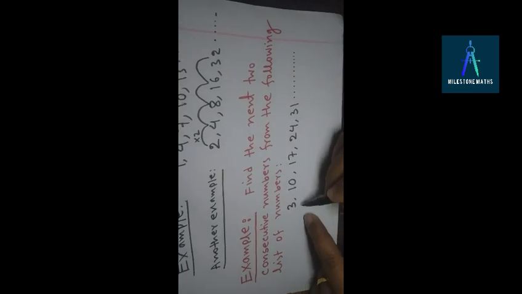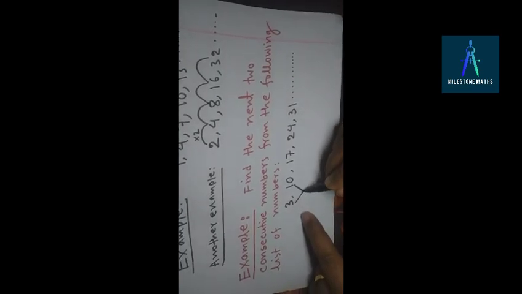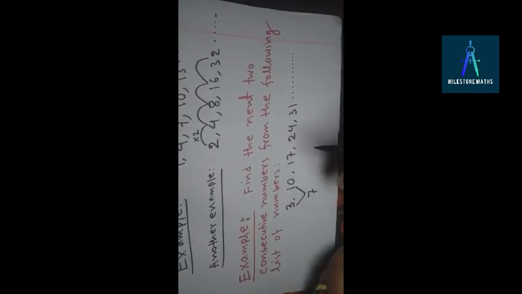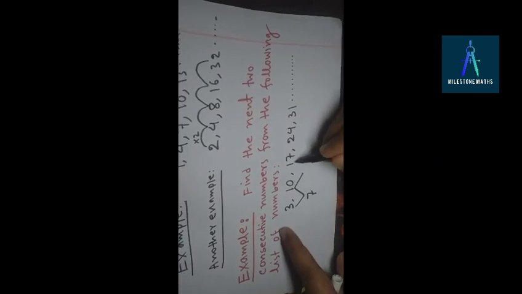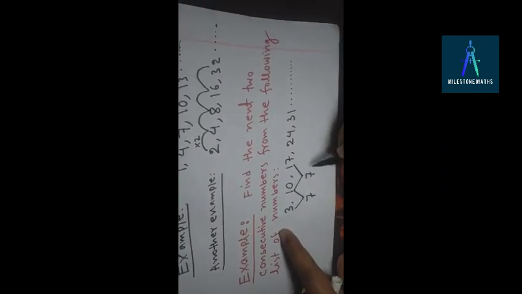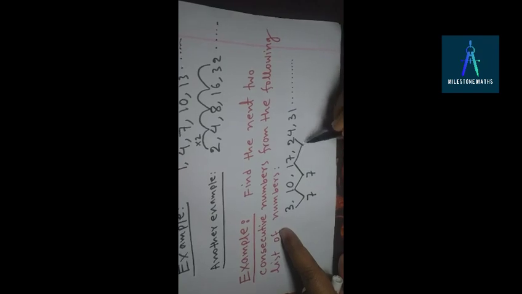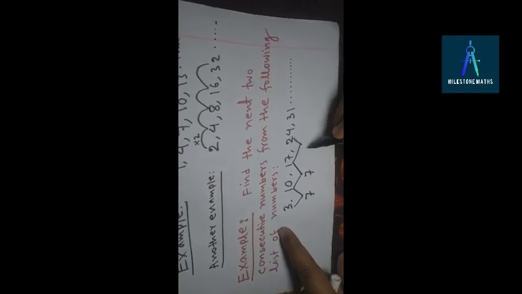First I will see the difference between the first two numbers. Here the difference is 7, and between 10 and 17, here also the difference is 7. Similarly 24 and 17, the difference is 7. 31 and 24, the difference is 7.